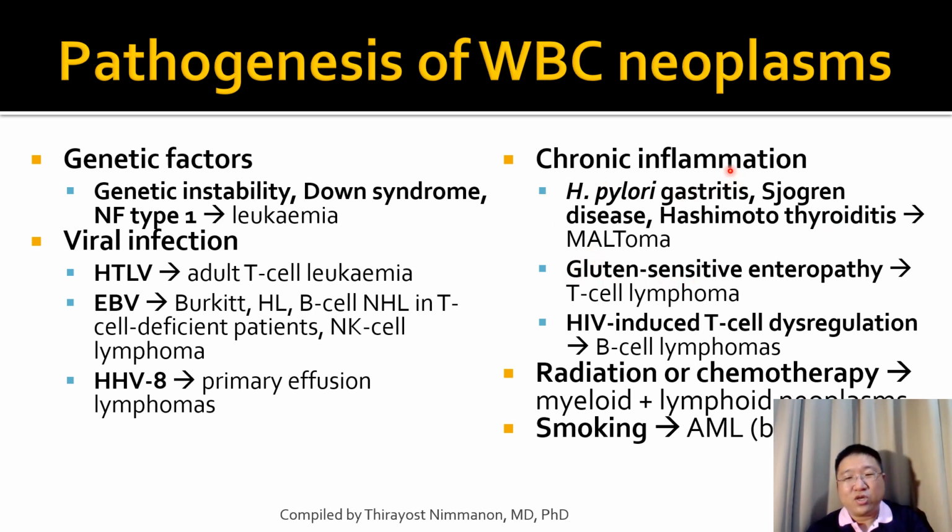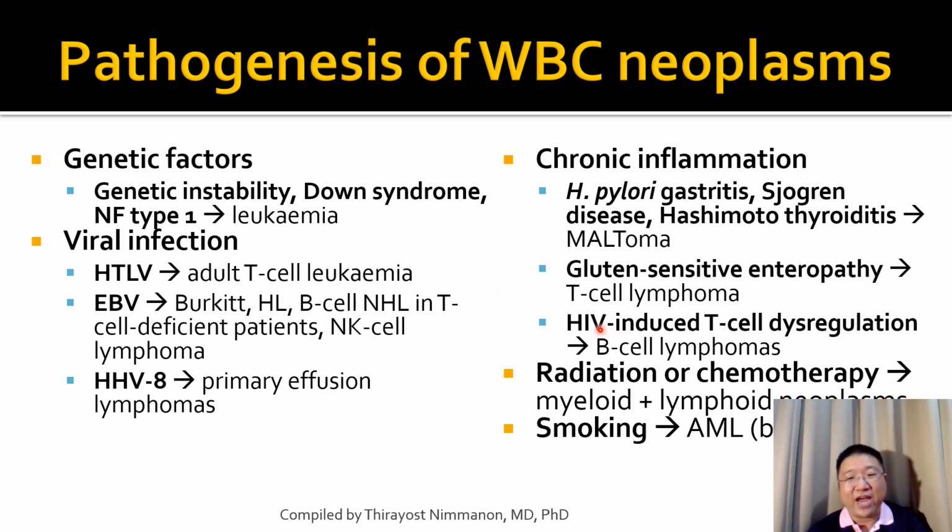Some other chronic inflammatory conditions include celiac disease or gluten-sensitive enteropathy. The patients will have chronic inflammation of the intestine, so their intestine is prone to develop T-cell lymphoma.